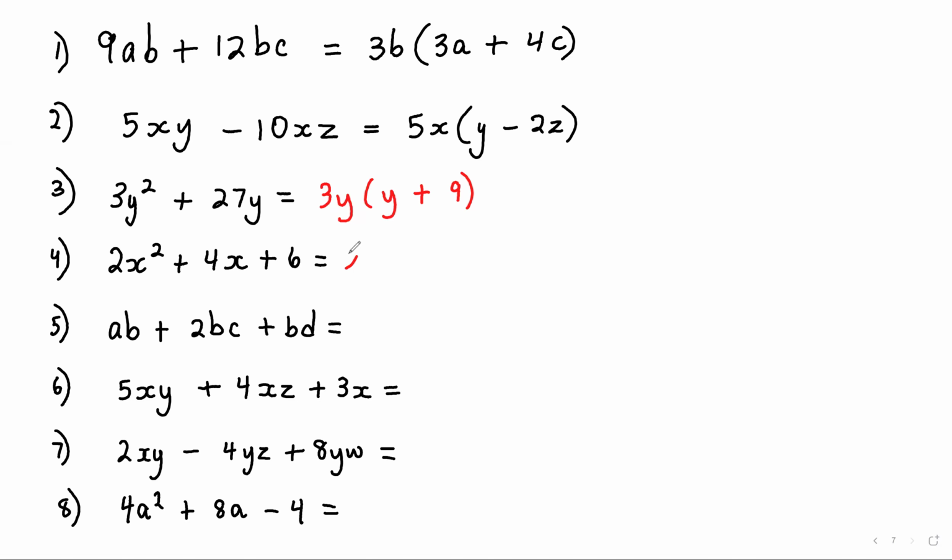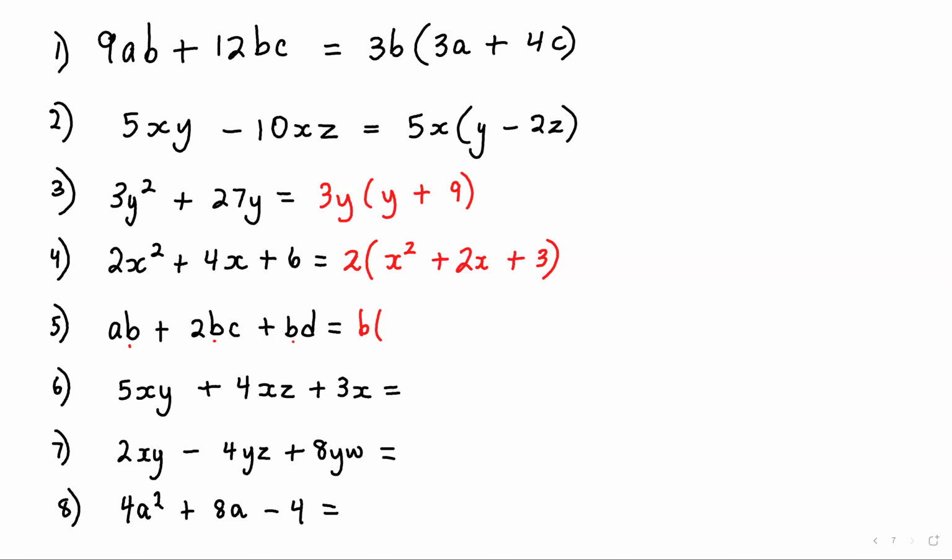So I could put 2 on the outside as the common factor. 2 times x squared gives me 2x squared. 2 times 2x gives me 4x, and 2 times 3 gives me 6. So the common factor here would only be 2 because all three terms do not have x.